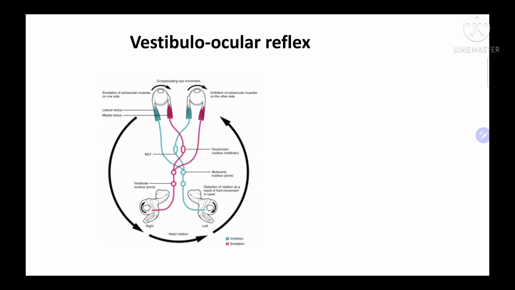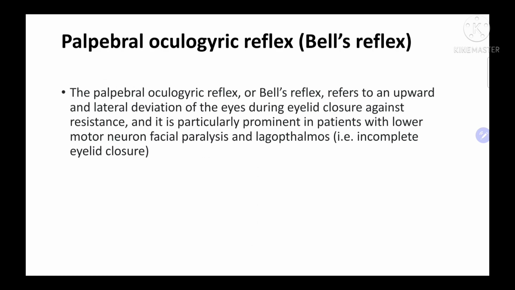The vestibulo-ocular reflex moves the eyes with the association of the vestibular system. The eye is going to move in the same direction. Now we have the palpebral oculogyric reflex or Bell reflex.